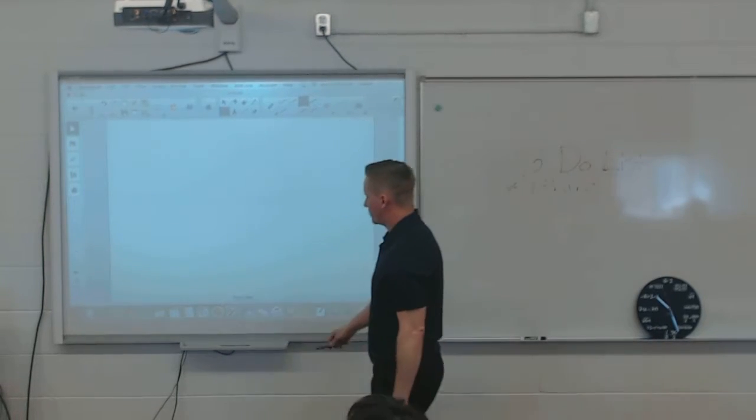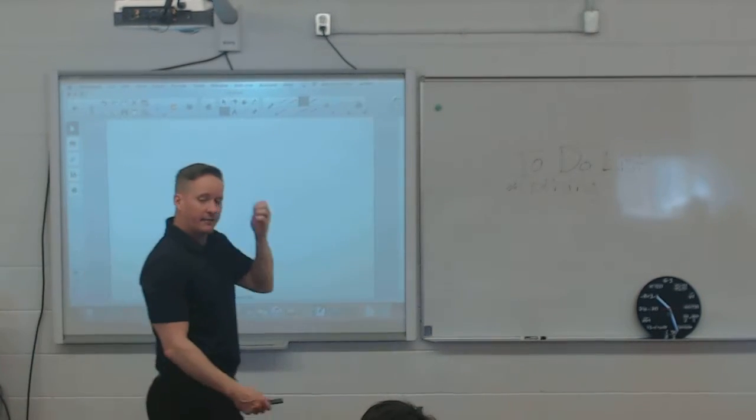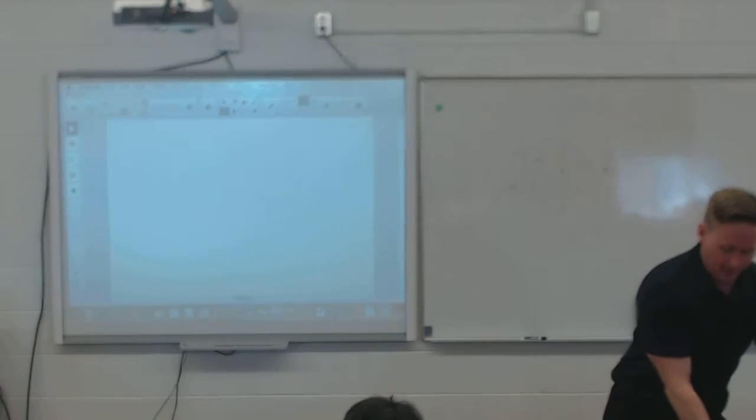Now, the one thing I like to show that demonstrates this, because we are going to get into magnetism, because electricity and magnetism actually go together quite well.